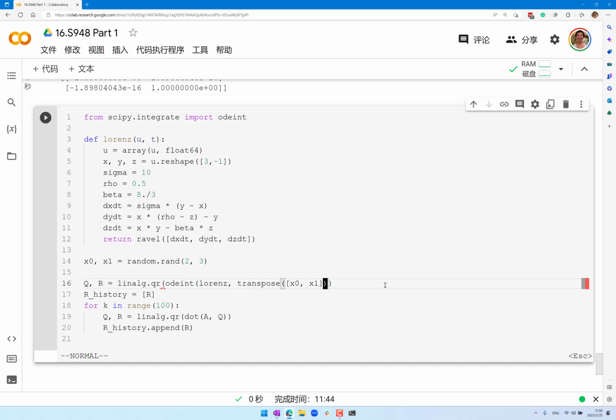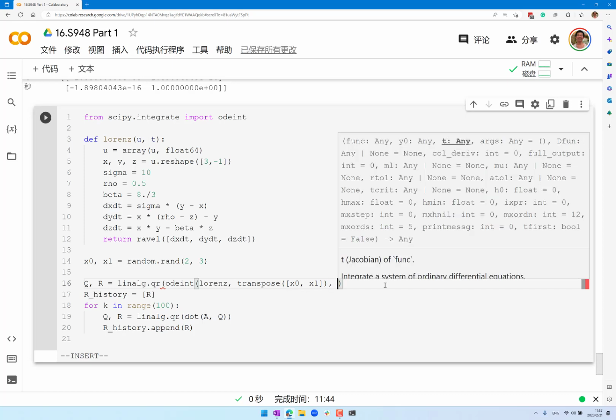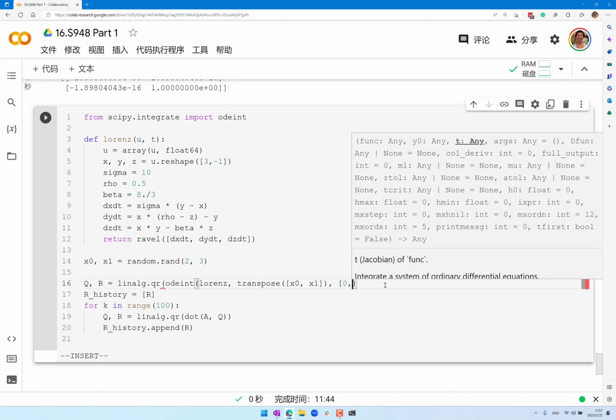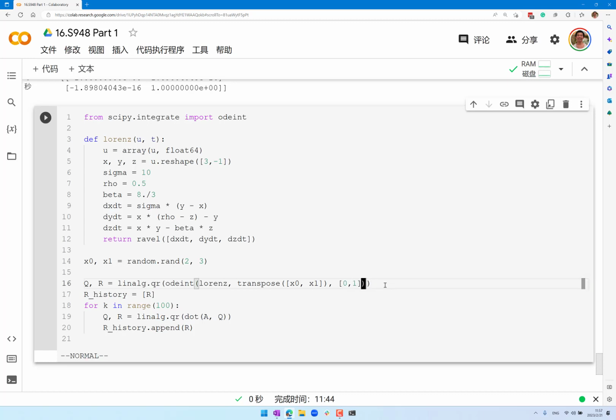That's the initial condition, and we are just going to evolve for maybe 1 unit of time. After odeint, it returns a series of solutions at different time snapshots.